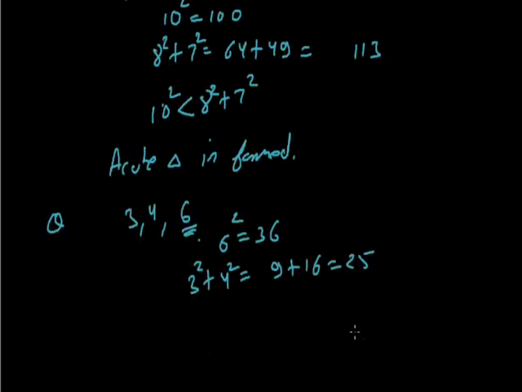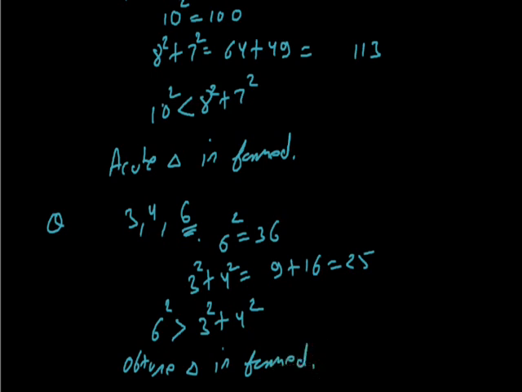We see that the square of 6 is greater than 3 square plus 4 square, so an obtuse triangle is formed. So with the help of sides, we can decide which type of triangle it is.